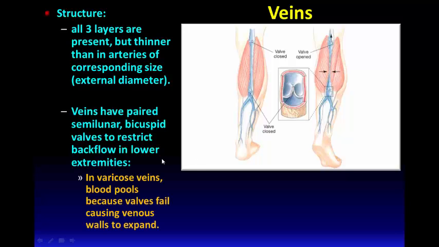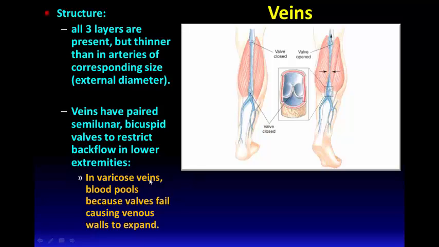Another additional very important difference between arteries and veins is that veins have paired semilunar bicuspid valves. These valves in the veins are important because they restrict backflow of the blood in the lower extremities.